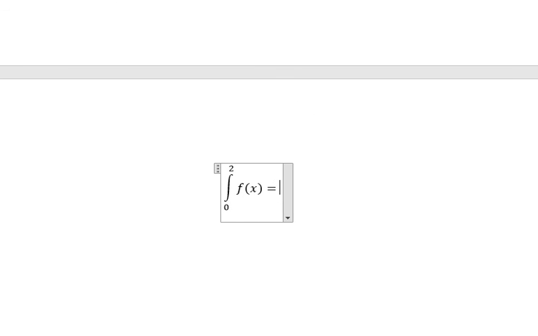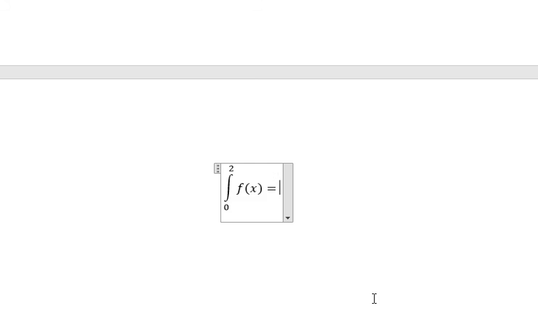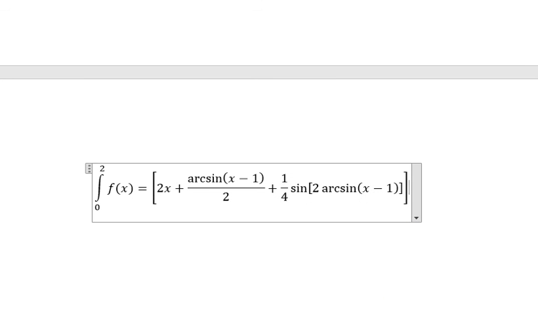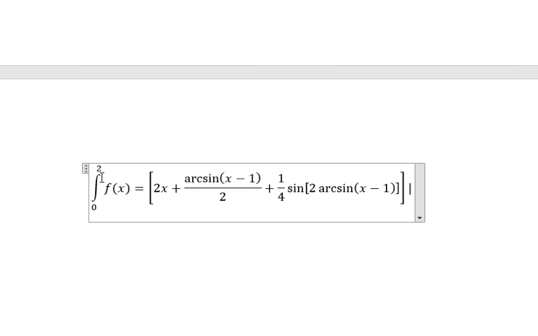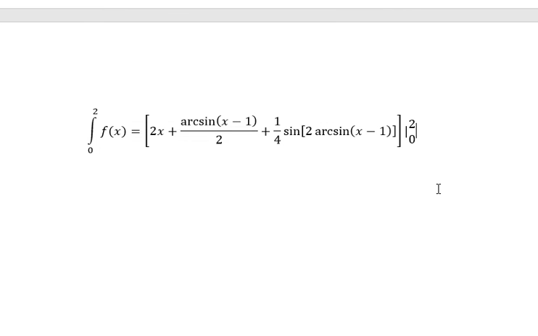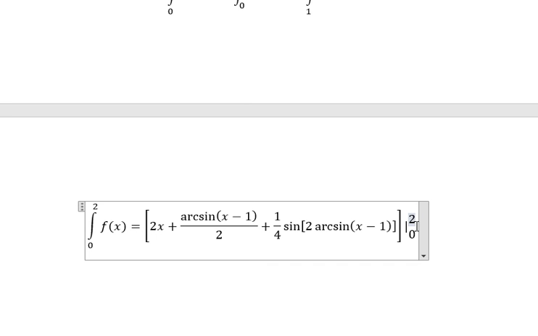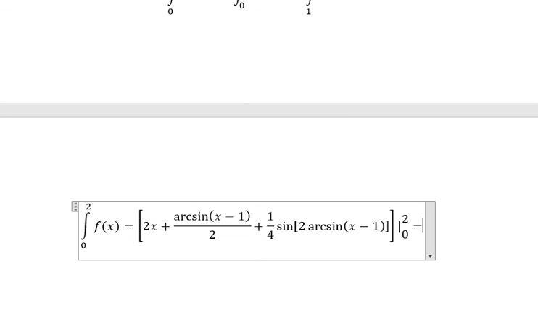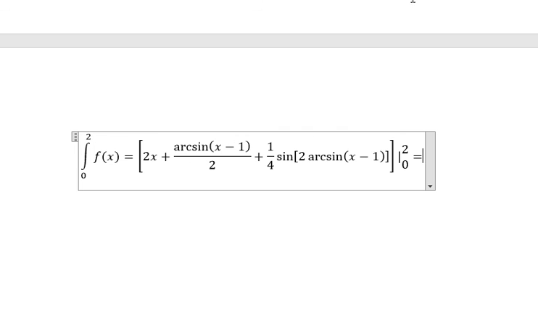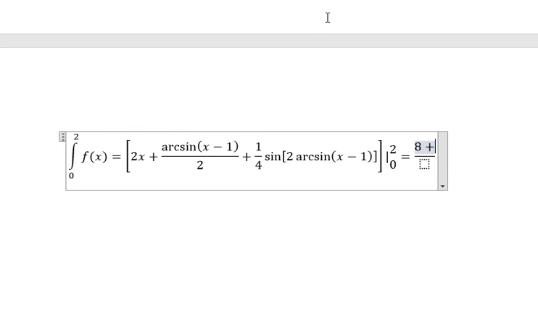So because we just get about the result from here, so we put back in here and we just put about 0 and 2. So you got about 8 plus b over 2.